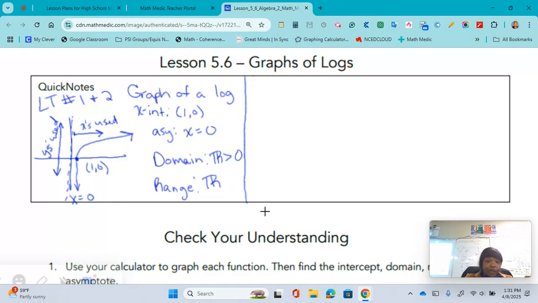And we have to talk about the inverse. The fact that these are inverse of each other, they are opposite.